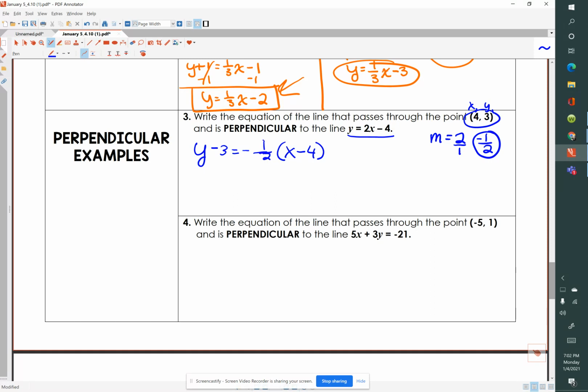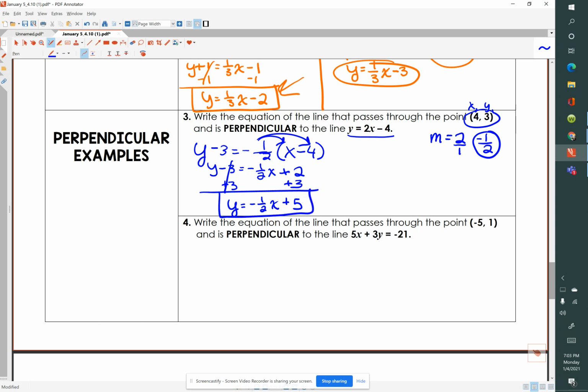Now we distribute, and we have y minus 3 equals -1/2 x, and -1/2 times a positive 4 is -2. Now we add 3 to each side of the equation, and we end up with y equals -1/2 x plus 5. And that's our final answer.